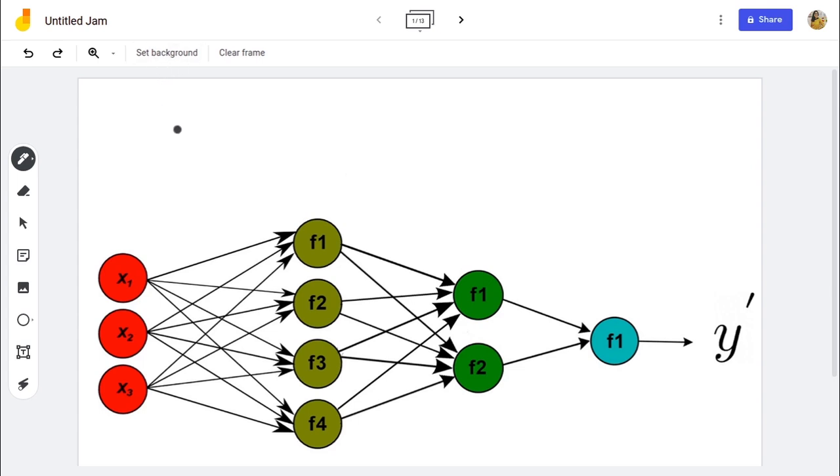So, in the previous classes, we have learnt about forward feed. We have learnt about loss. We have come across the term optimizers. And then we have come across what is known as back propagation.